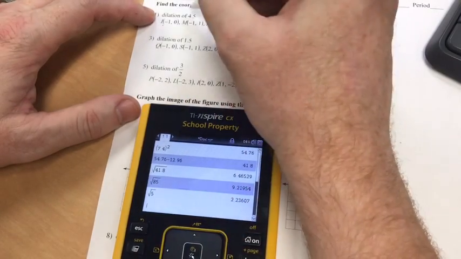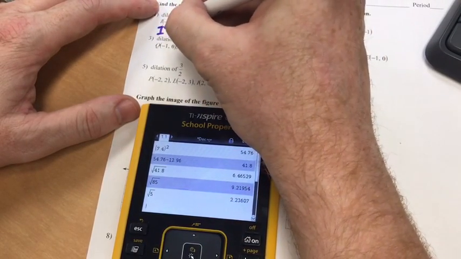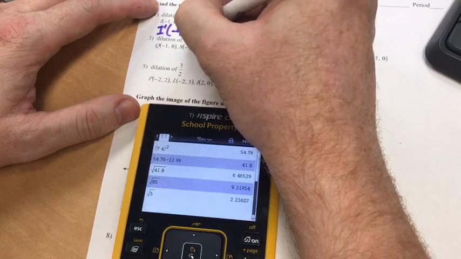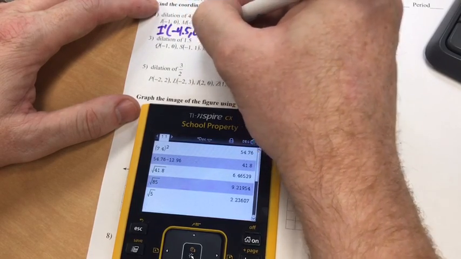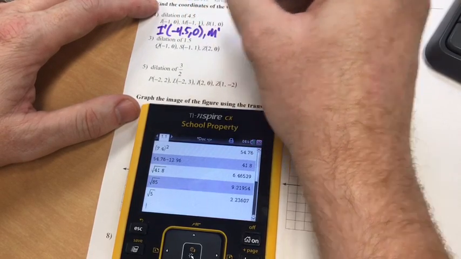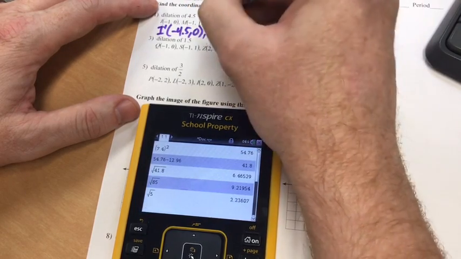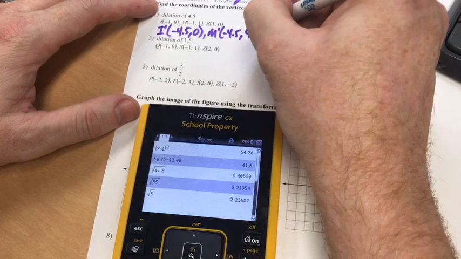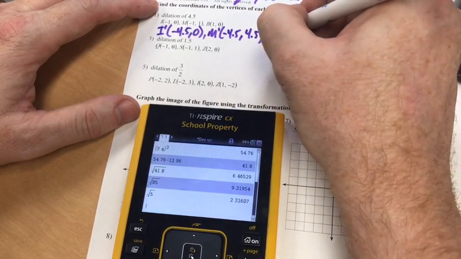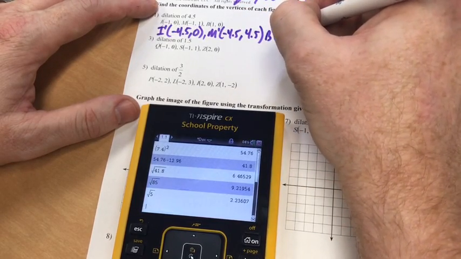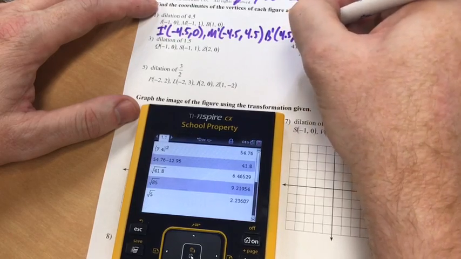So negative 1 times 4.5 becomes negative 4.5. 0 times 4.5 is 0. M prime, negative 1 times 4.5, negative 4.5. 1 times 4.5 is 4.5. B prime, 1 times 4.5, 0.